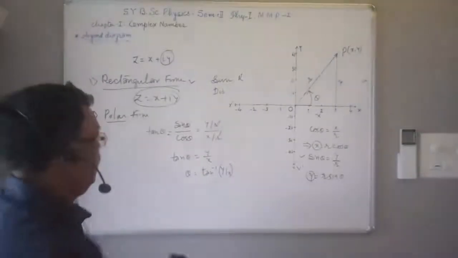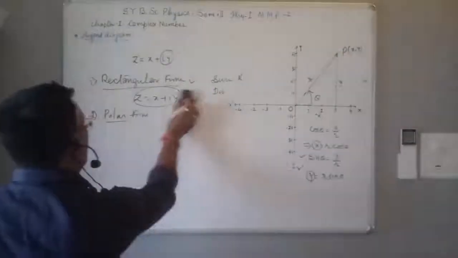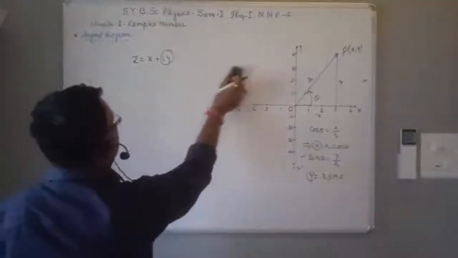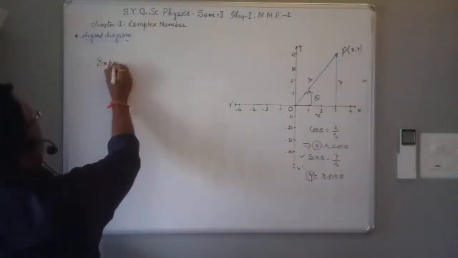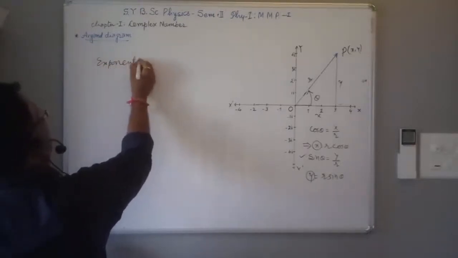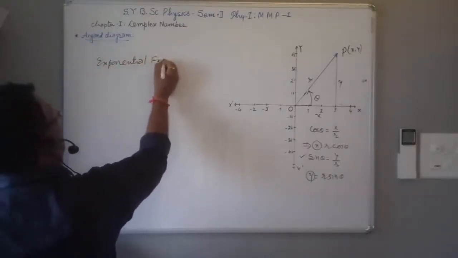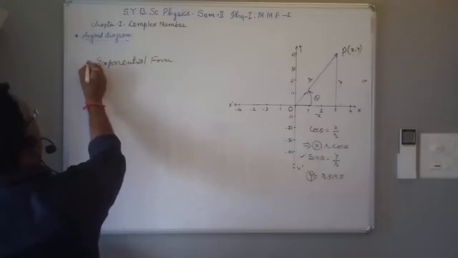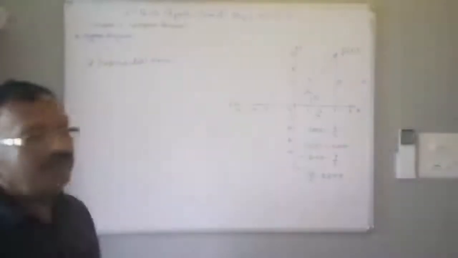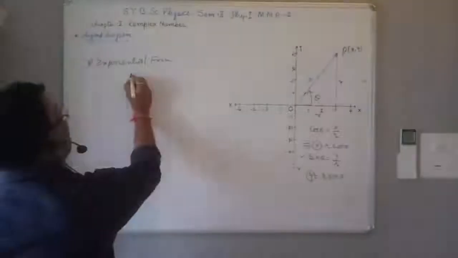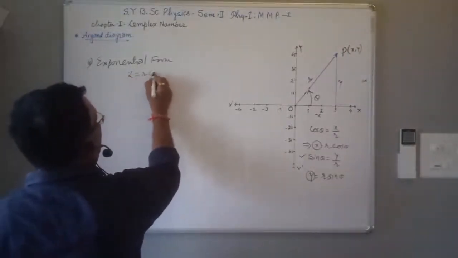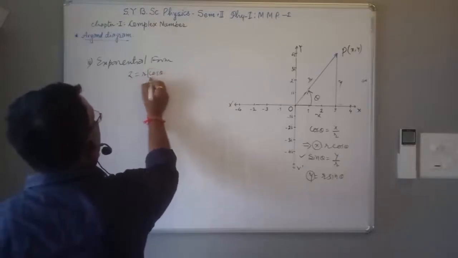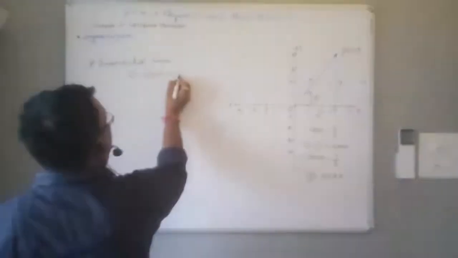Now, the last form, the exponential form of complex number. The third one. In order to derive the exponential form, again consider a complex number in polar form, that is r (cos theta plus i sin theta).